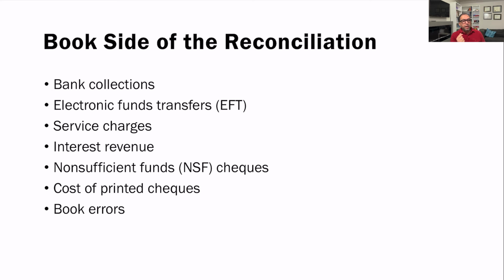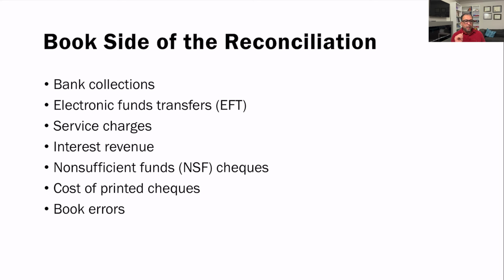The first adjustment is if the bank collects something directly without our involvement. So direct deposit. We know it is now very common that we allow direct deposits, like the CRA directly depositing some money in your account, such as child care or a tax refund. That's what we call a bank collection.